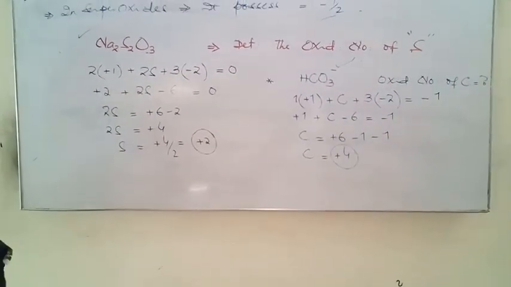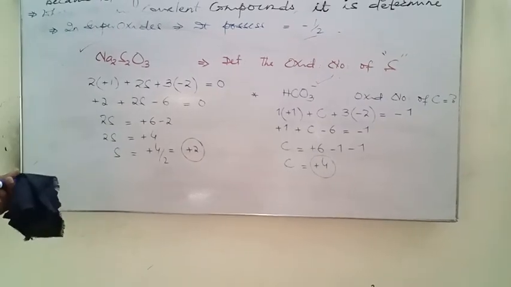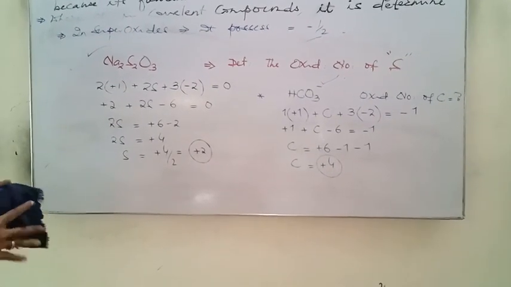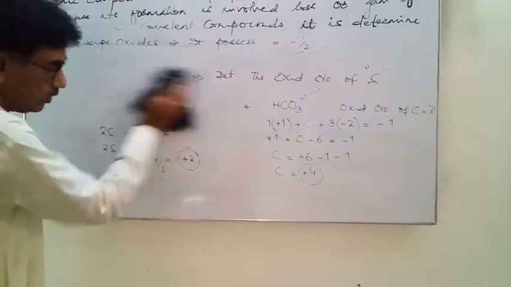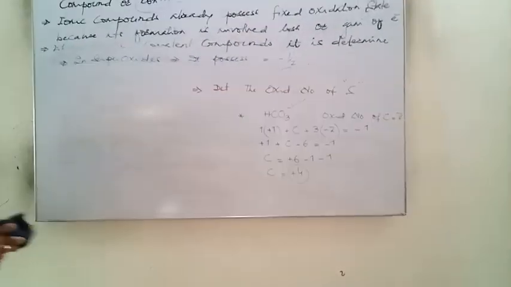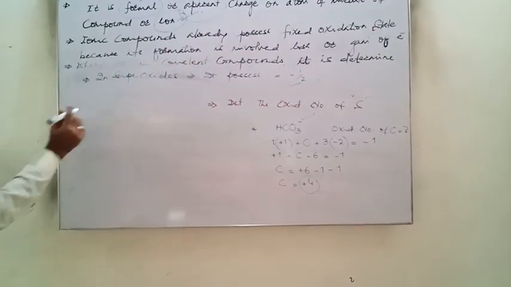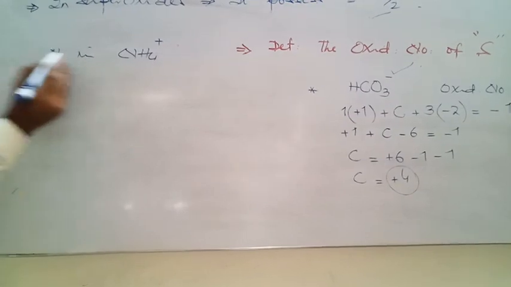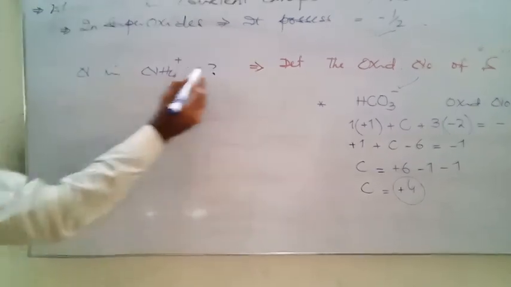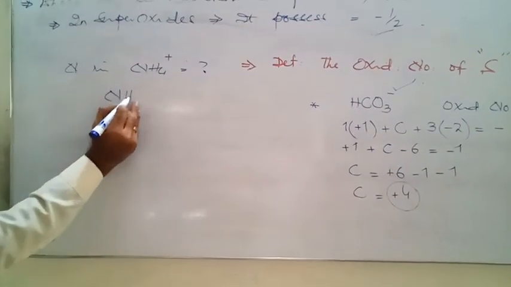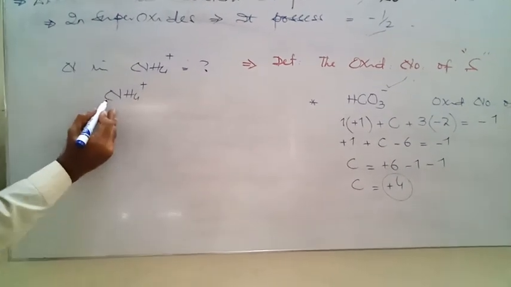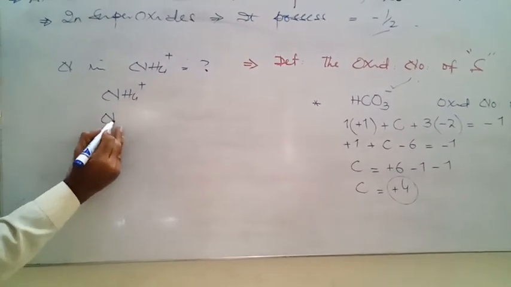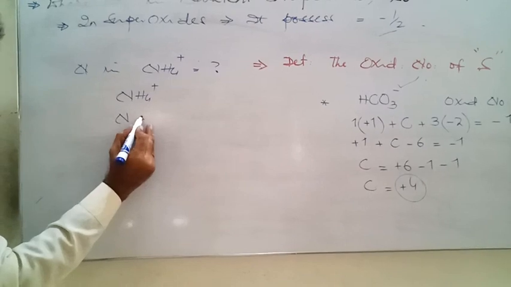If we take another example, a positive ion, that can also be done. Nitrogen in the ammonium ion: the question mark is the oxidation number of nitrogen.